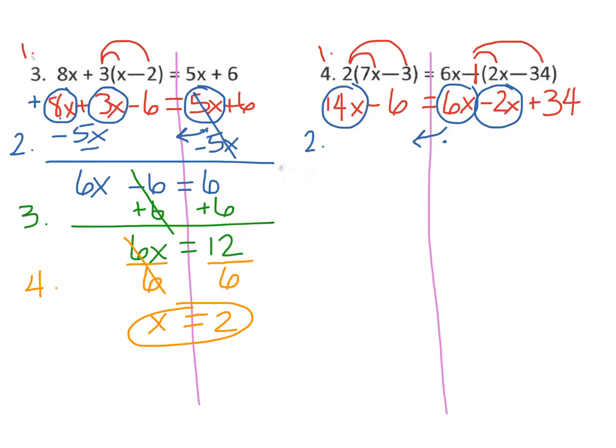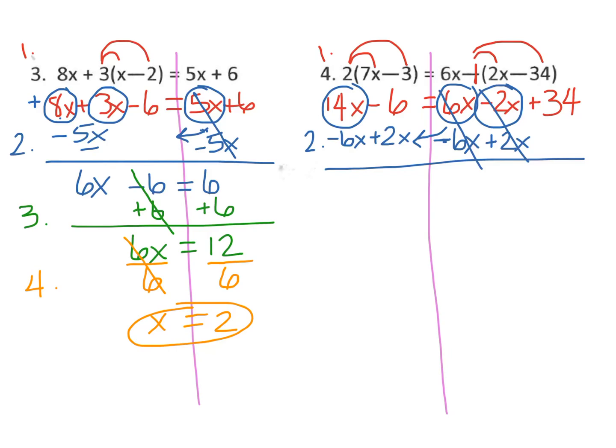So I have negative 6x, because I'm going to do the inverse operation to move it across the rose line, negative 6x, and positive 2x. Negative 6x and a positive 2x. So those will cancel, those will cancel.